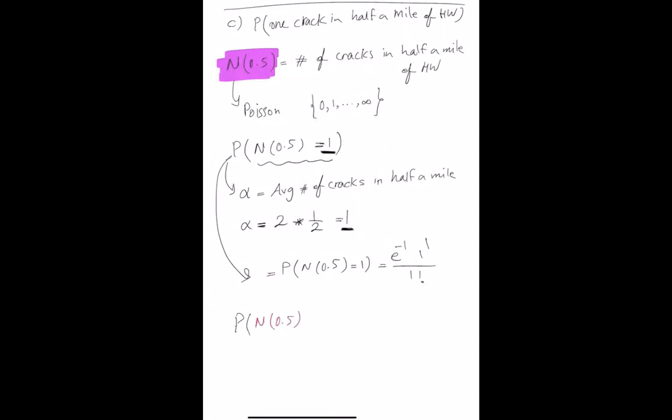At least one crack: probability that N of 0.5 is greater than or equal to 1, which is the probability that N of 0.5 is 0 plus the probability that N of 0.5 is 1.